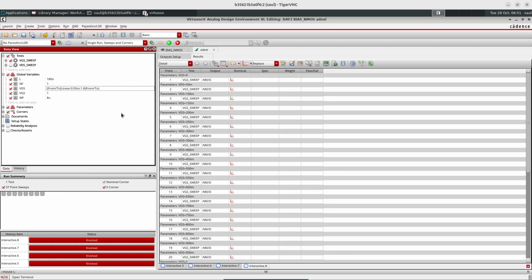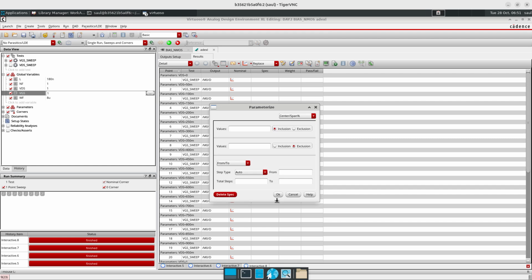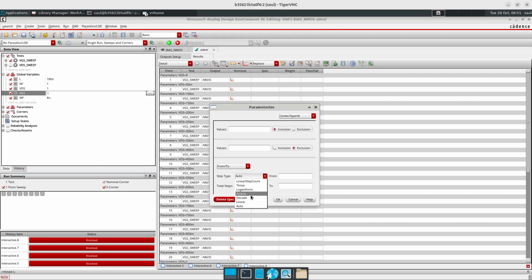If we wanted to do the other sweep, then we can set this one to a particular voltage, for instance 1 volt, and then I'm going to change this. And add a specification. We put linear, and you can play with these values.